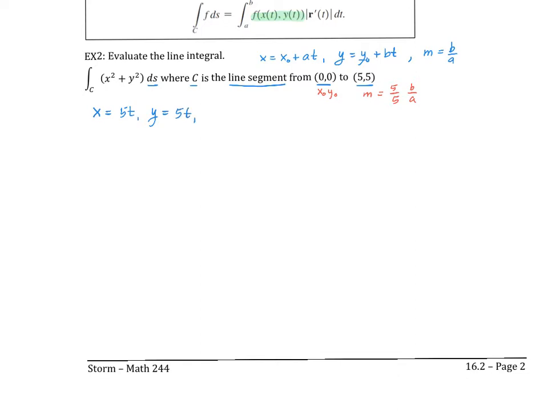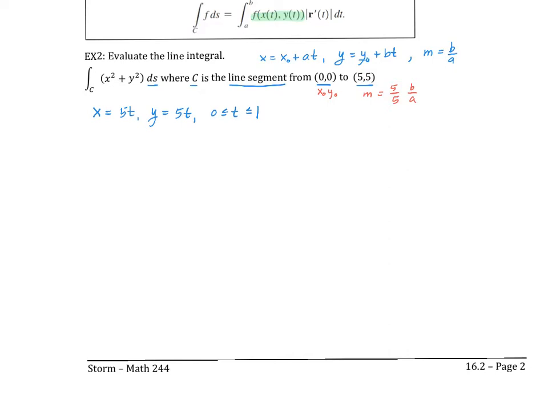So what are my t values? This is really important because these are my limits of integration. Well, when t is equal to 0, I'm at the point 0, 0. When t is equal to 1, I'm at the point 5, 5. Now remember, this parametric representation is not unique. There's infinitely many ways to describe this line segment.